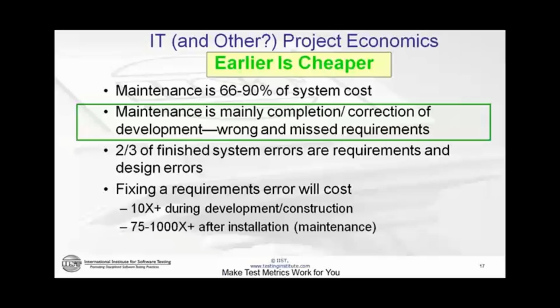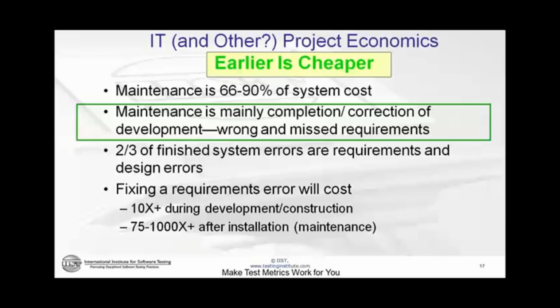If that requirements error and its resulting code is not detected until that code has gone into production, in other words, in maintenance, it's orders of magnitude more expensive to fix. 75, 100, 1,000 or more times as expensive to fix as compared to fixing it when it was a requirement. Why is that?